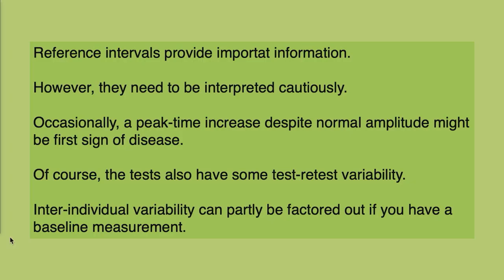You say, okay, we get a baseline measurement because there's some likelihood that the drug will affect the eyes, and then we know how it looks in that patient when the eye was still okay, and then it's easier to compare. But it's of course a question of how much effort you want to put in all that, and who pays for it, and all these things.